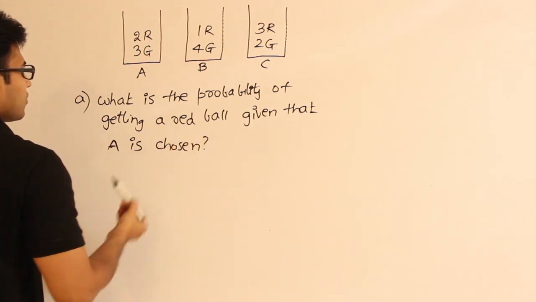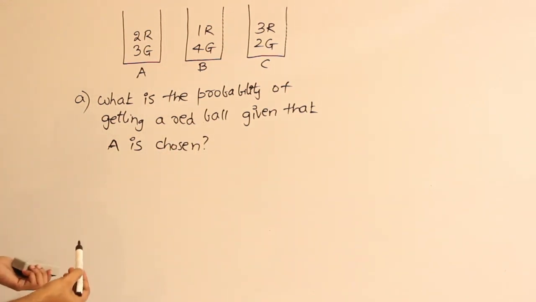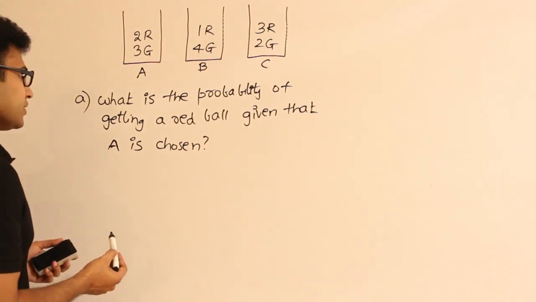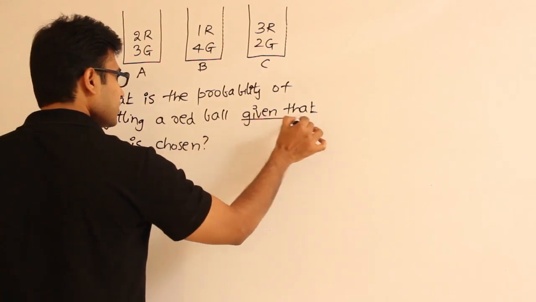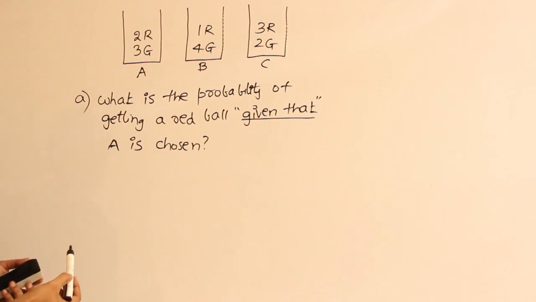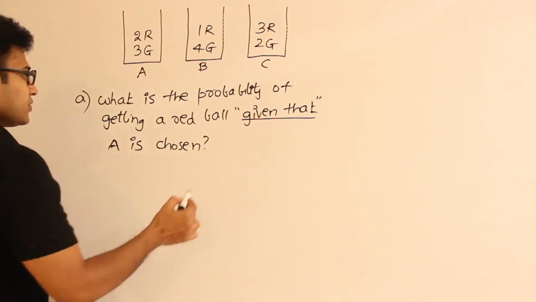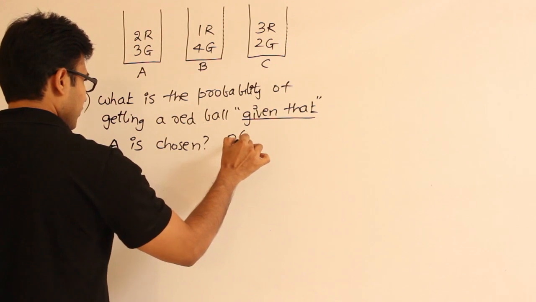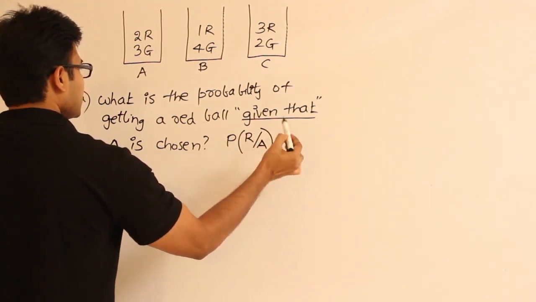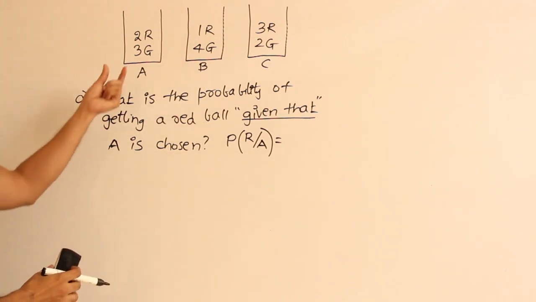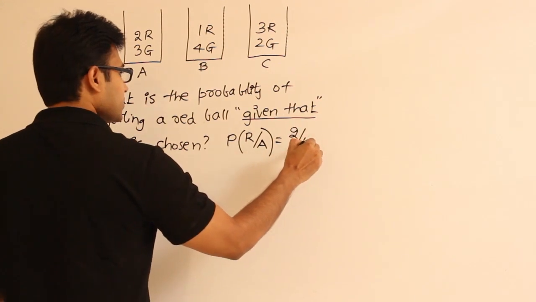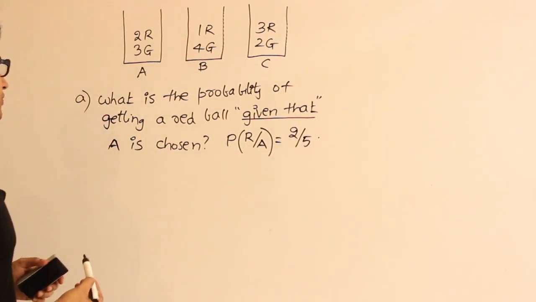In this question you should be very careful while reading, and give importance to some words. The important words here are "given that". Whenever "given that" is used, they are talking about the conditional probability: the probability of getting a red ball given that A has been chosen. That is, what is the probability of getting a red ball from this box, which we know is 2 by 5. This is what we discussed in conditional probability.